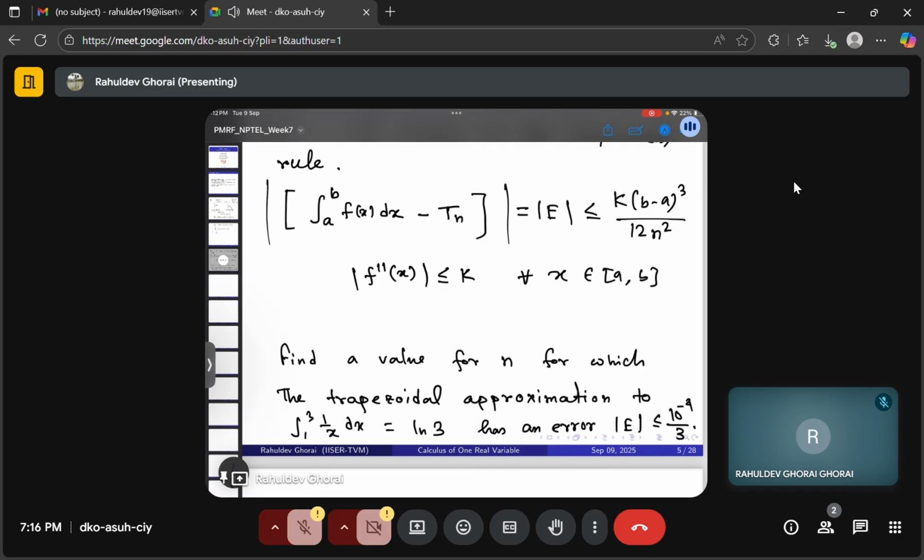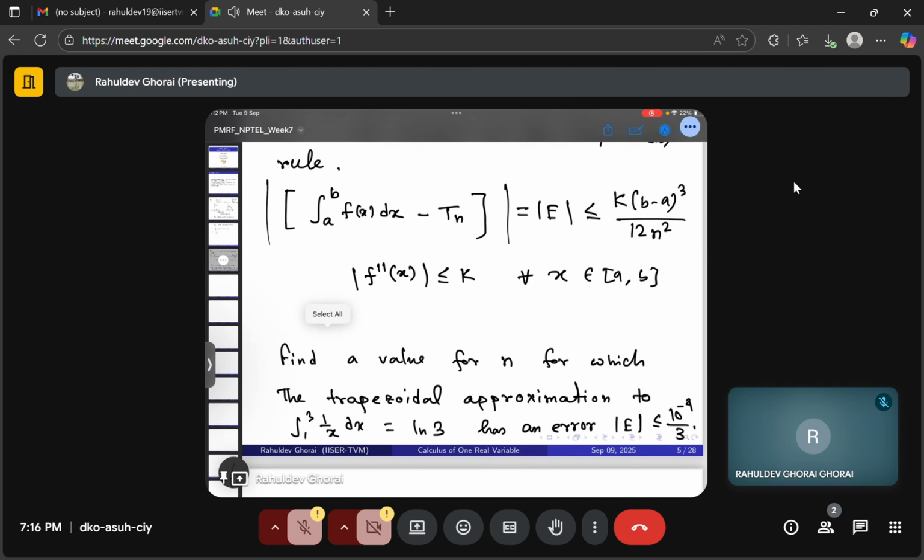So the question is, I hope it is fully clear to you, that if you want to approximate this integration, whose exact value is ln of 3, how many intervals do we need?